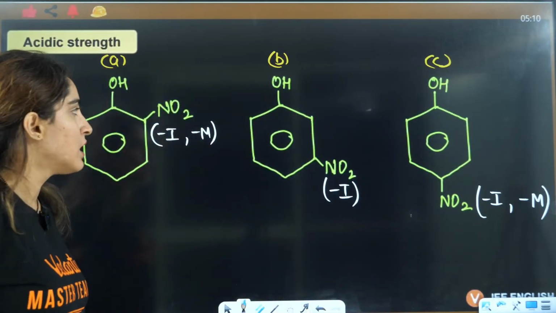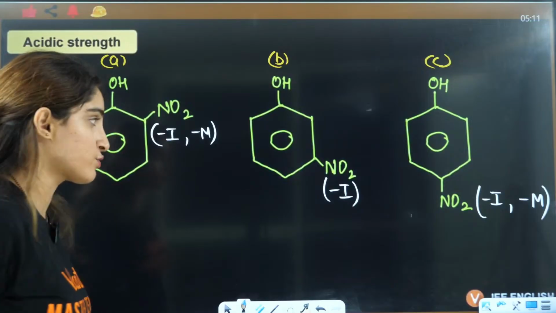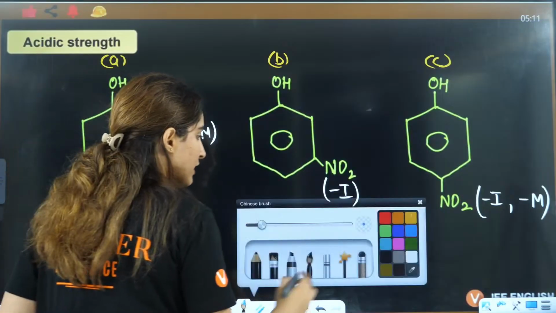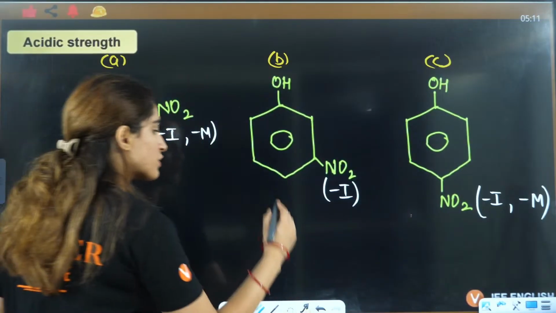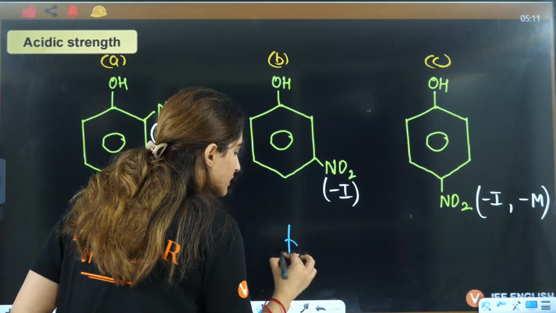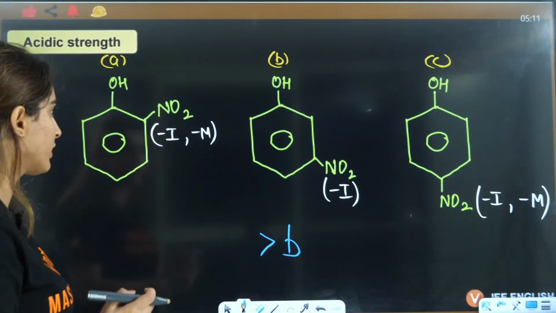Now you need something which is withdrawing the electron. So in the B case, the electron withdrawing is less, so B will be least, meta will be least. Why? Because here there is only one effect for electron withdrawing nature.